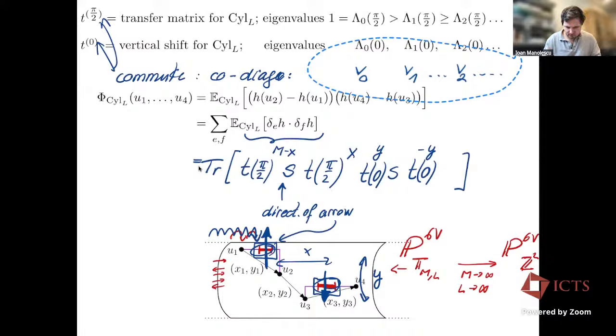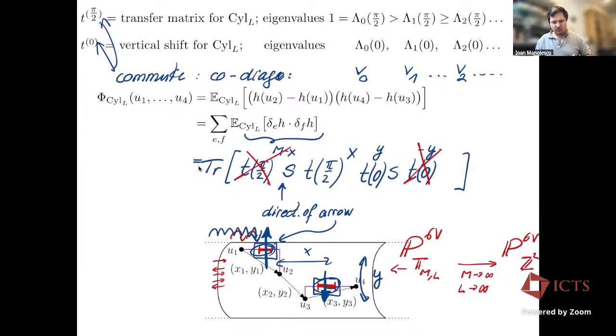Okay, so what do you get if you sum this up? I'm going to immediately just show you the formula because I can't compute it. But maybe the only thing that you can look at is that these two guys are not really going to play any role, because as you take m to infinity, the only contribution is going to be when you have here the vertex V0.